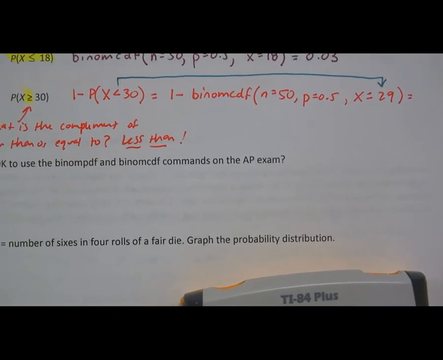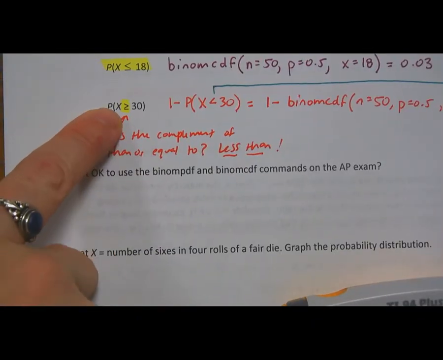The way that I learned it was, as long as you're putting a number that's just less than 30, so 29 successes, that would be 29, 28, 27, 26, which is the complement of 30, 31, 32, 33, all the way up to 50.